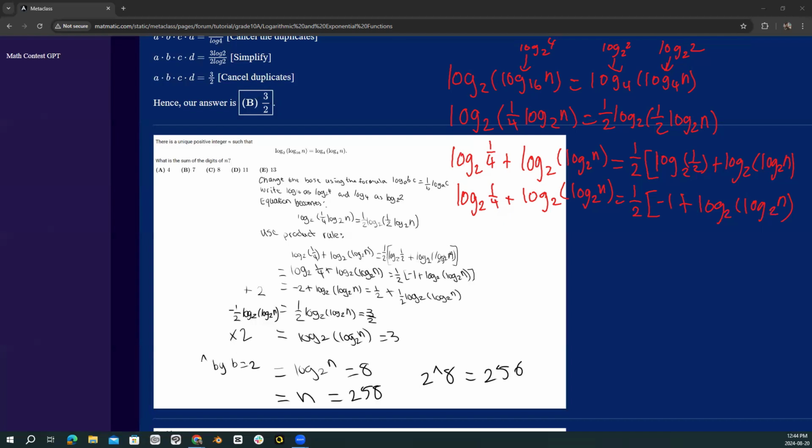This would actually just equal negative 2, because once again you're simplifying and then taking it from the fraction, so it would be negative, and then you add the rest of our equation. Negative 1 plus log 2.